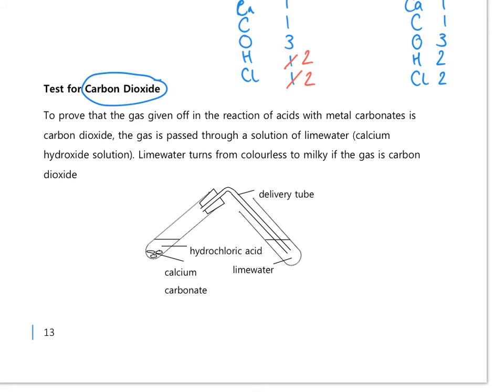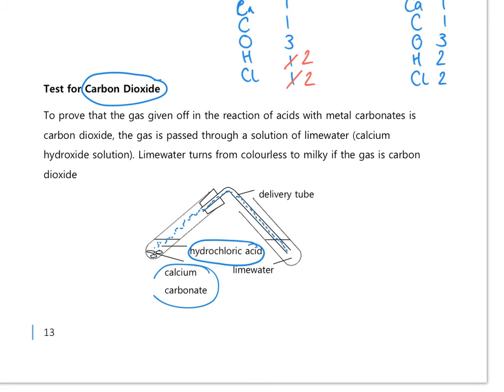So you can see here I've got exactly what my second reaction was, calcium carbonate reacting with hydrochloric acid. And what happens is the calcium carbonate, it will start to fizz because it's producing carbon dioxide. That carbon dioxide will come up, it will pass through this delivery tube and into the solution of lime water.